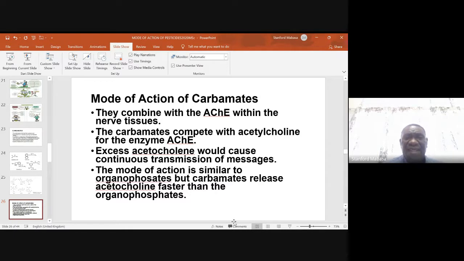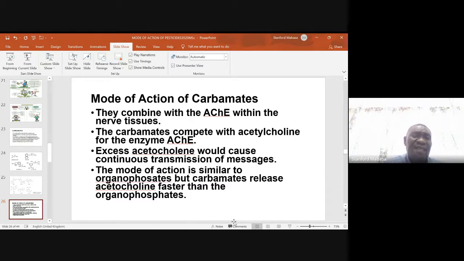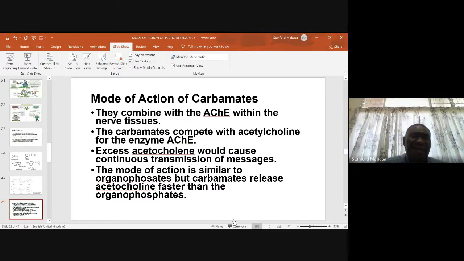Now, the mode of action again is similar to that of organophosphates. These carbamates combine with the acetylcholinesterase enzyme, but within the nerve tissues. The carbamates compete with the acetylcholine for the enzyme AChE.